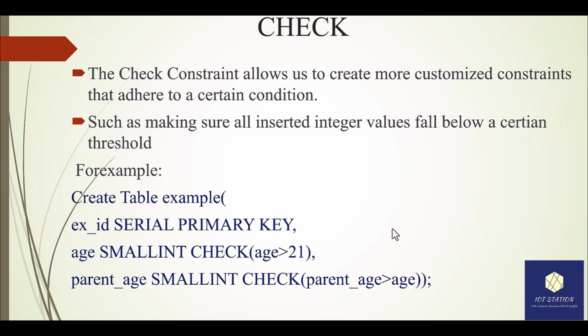What is the condition? Parent_age greater than age. So these are the examples to understand the check, and let's jump to pgAdmin to do some practice and to see how it will work in a real scenario.